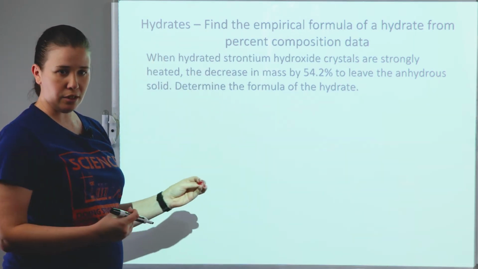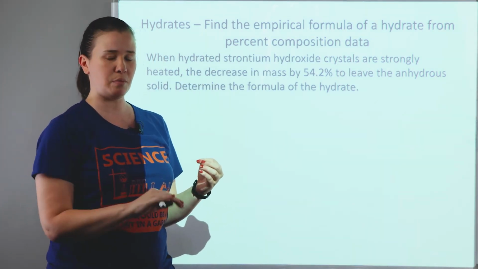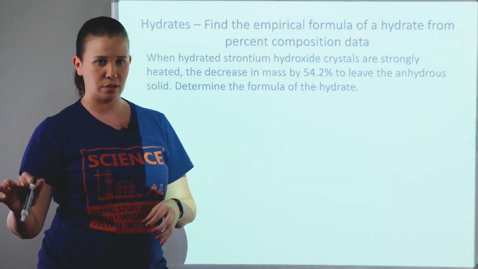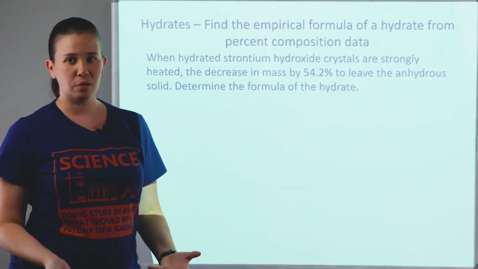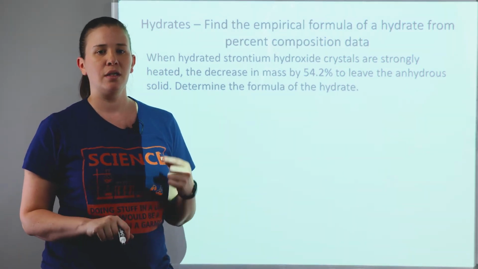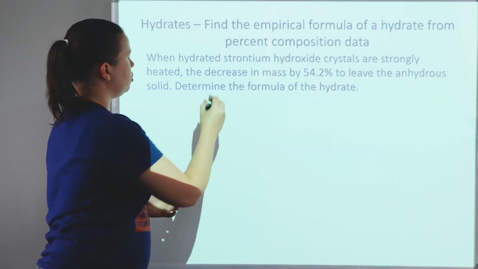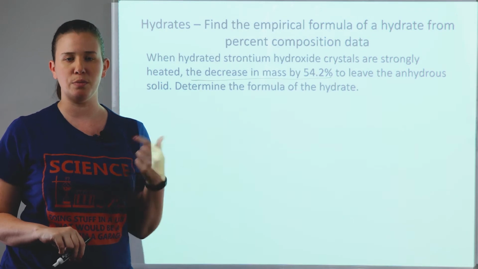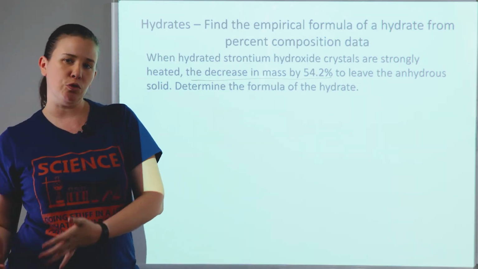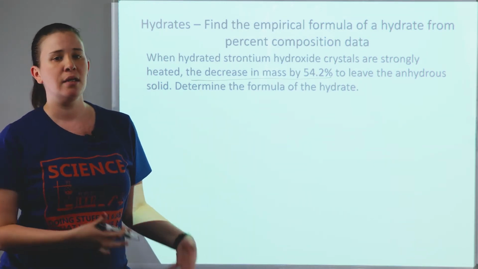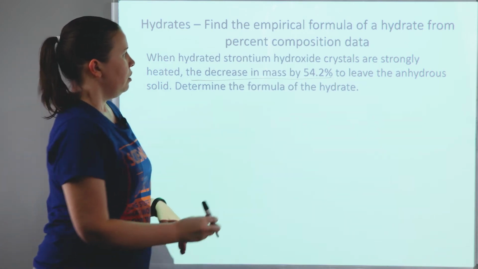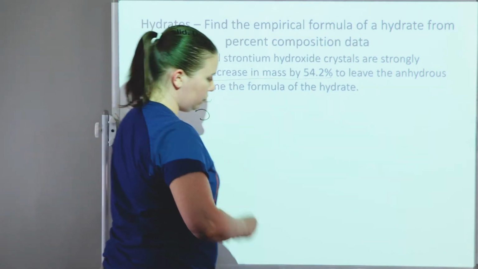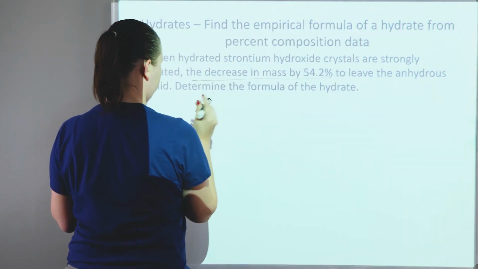So it's strongly heated. Remember, with hydrates, we want to get it to a constant mass so we can determine the difference between the hydrate and the anhydrate. And what we're driving off in this heating process, or dehydration process, I should say, is the water. So this actually shows a decrease in mass of 54.2%. So what is being removed in order to decrease that mass? It must be the water. So I can now tell I have 54.2% water.